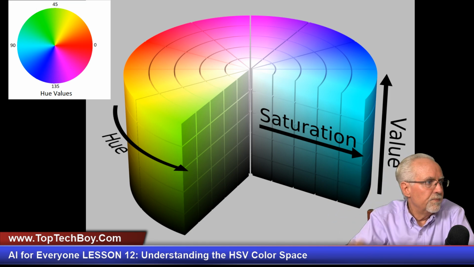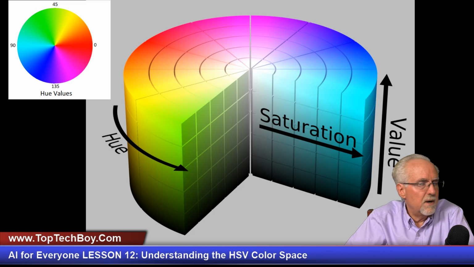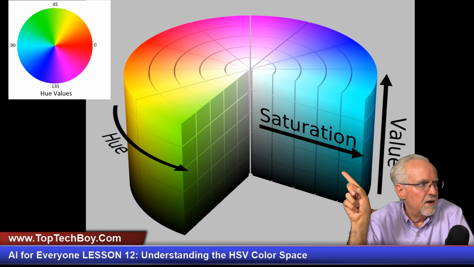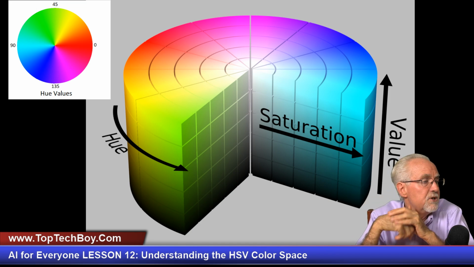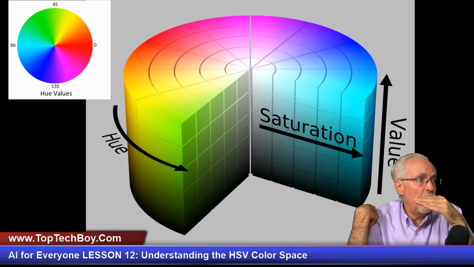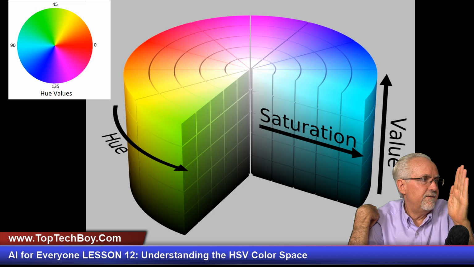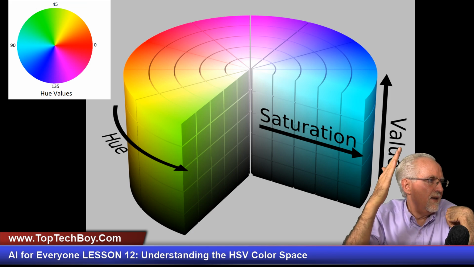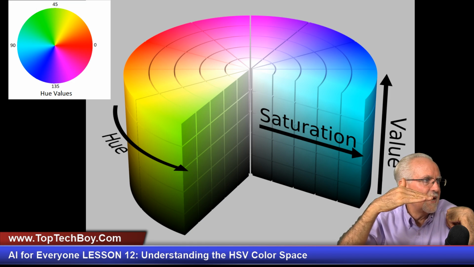So 0 starts here. I wish I could point up here. Look in the upper left at the little inset image. You see 0 is red. And then as I start going in a positive angle, when I get to 45, I've gone through yellow and I'm approaching green. As I go to 90 degrees, I go through green and I'm approaching blue.